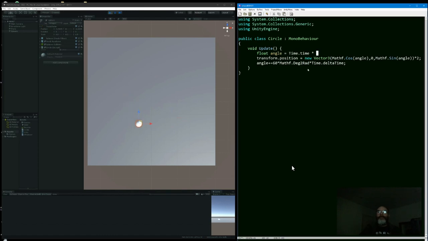hang on a minute, let me just get my units right. This is the amount of time that goes past, which is the time delta. Yeah, no, it's just the time. You do 60 degrees, yeah, I think that's correct. That's all I need.